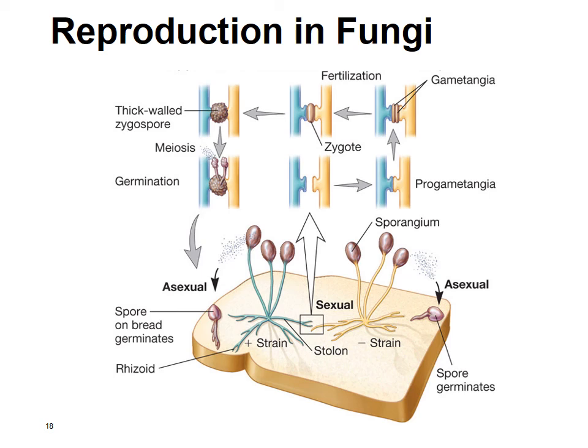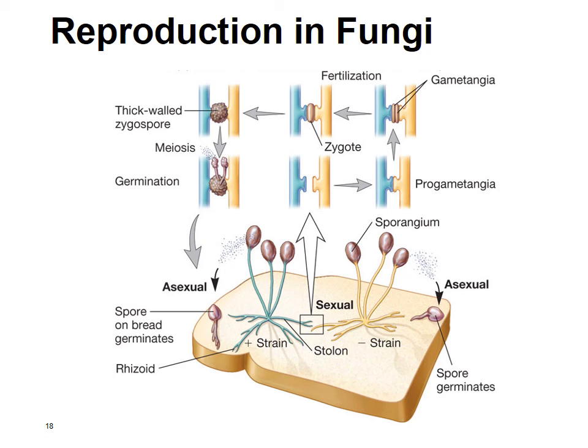And sexual reproduction in this particular species requires compatible strains of opposite mating types. And you can see that these two fungal mycelia that are growing on the bread here, the blue one is labelled as the plus strain, and the yellow one is labelled as the minus strain.